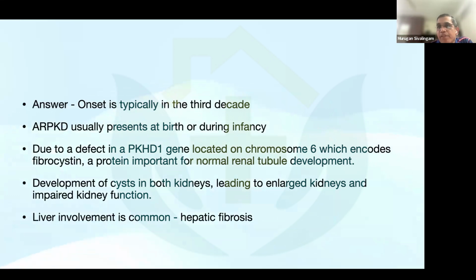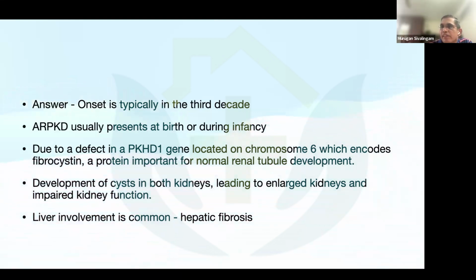Similar to adult polycystic kidney disease, they develop cysts in both kidneys, whereas in the autosomal dominant one, in the liver you normally get cysts alone. However, the hallmark of this condition is that they get hepatic fibrosis and can even develop liver failure. So this is something to bear in mind.